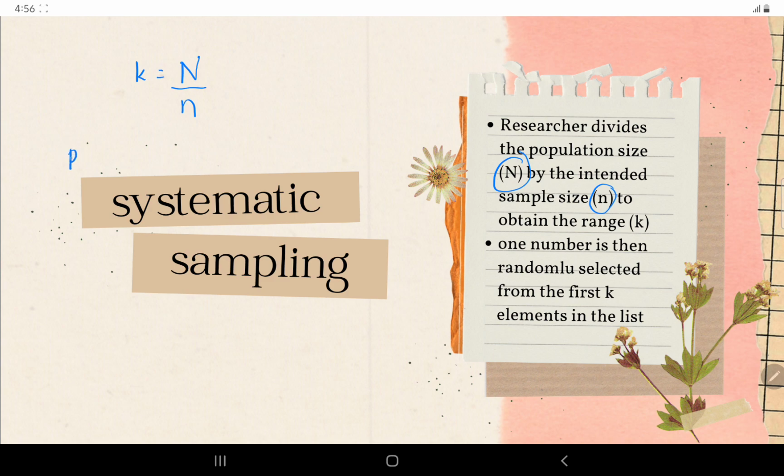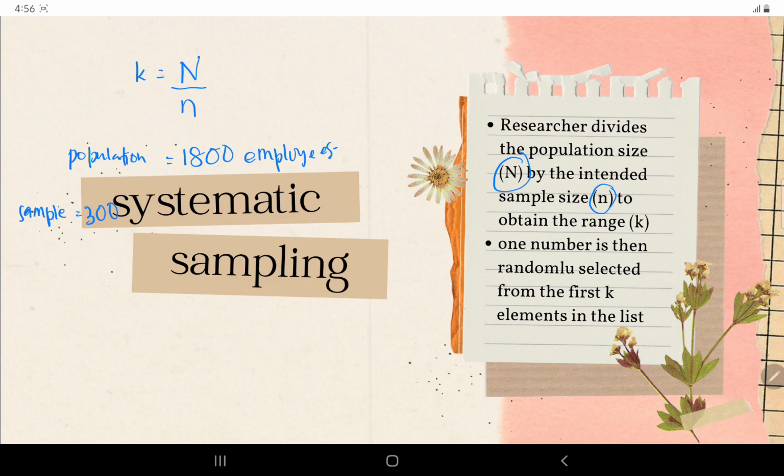Okay, our population is 1,800 employees. Okay, and then we want to choose sample of 300 employees. Okay, we want to choose sample of 300 from 1,800.